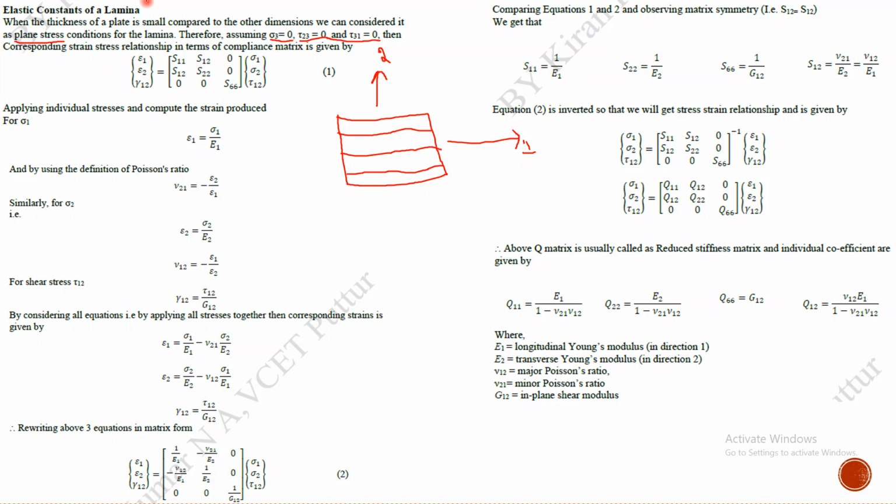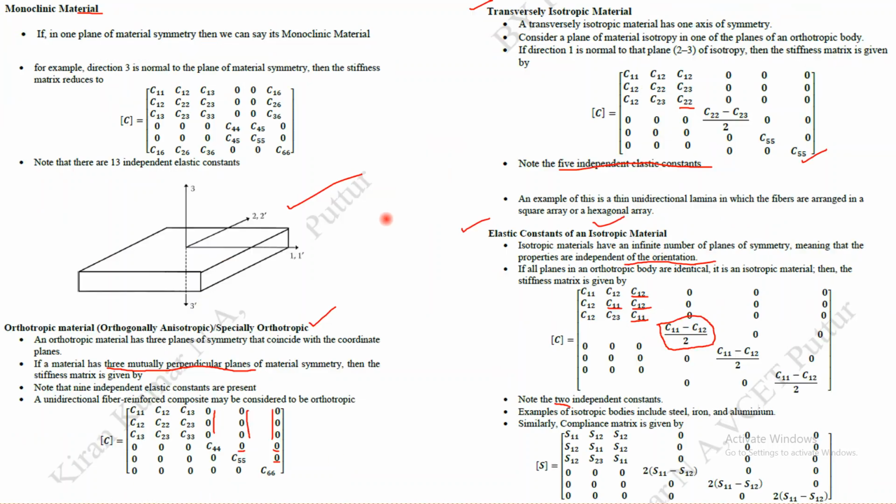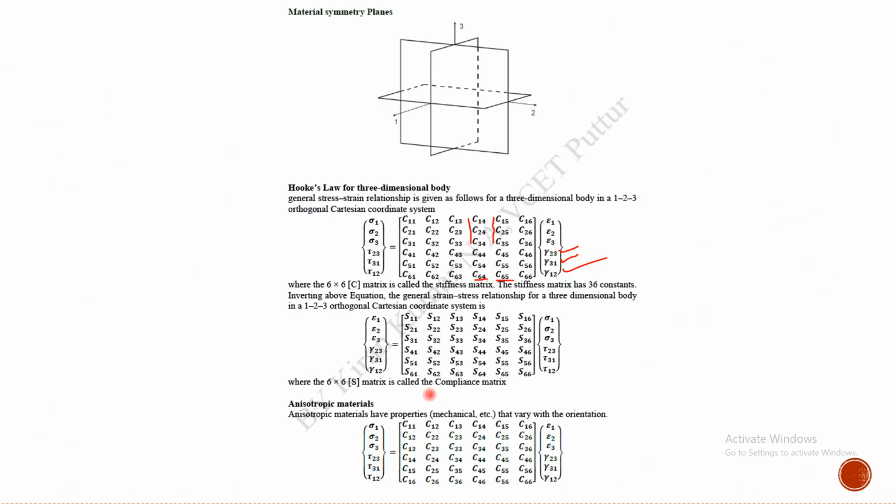So these 3 stresses will be 0. If these stresses are 0, then for the remaining quantities, going through this slide, sigma 3, tau 2 3, and tau 3 1, all the terms related to them can be eliminated, as well as the columns.